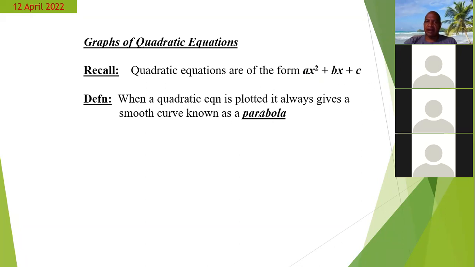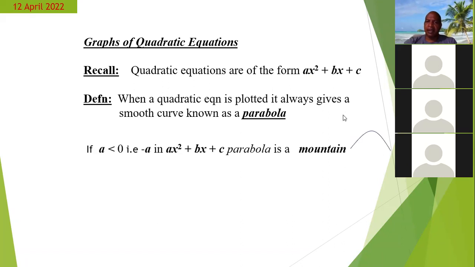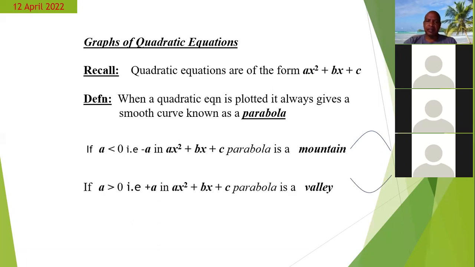Now the name of the curve, we call it a parabola. Some people say parabola. All right, so the parabola can be shaped like a mountain, or it can be shaped like a valley.